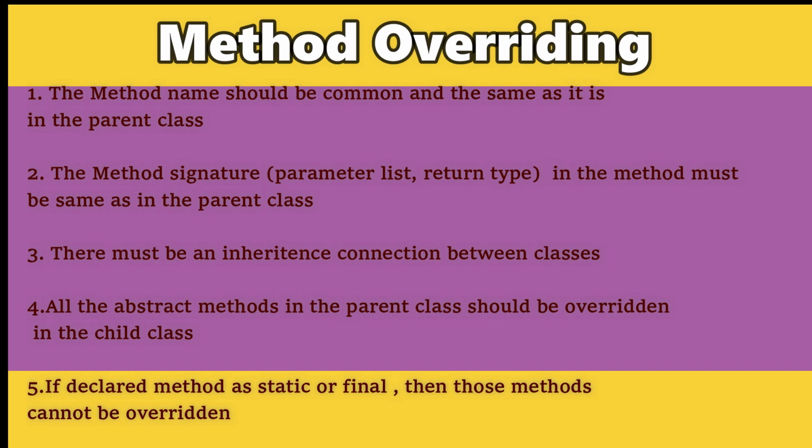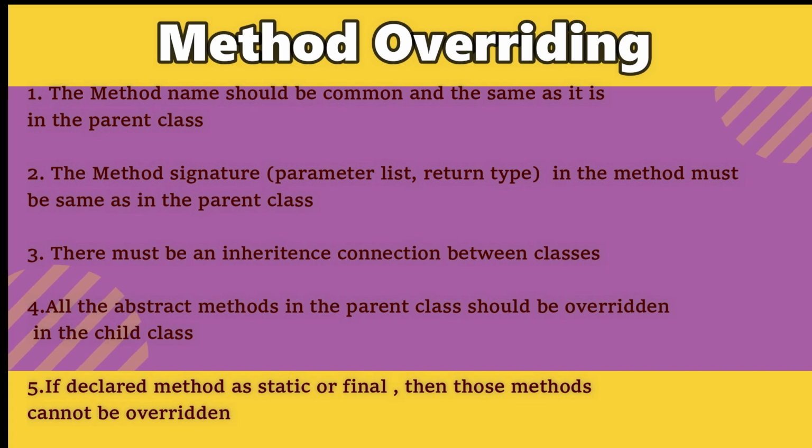Okay, so we discussed 5 thumb rules. Thumb rule 1, the method name should be common and the same as whatever is declared in the parent class. Rule number 2, the method signature should be the same as in the parent class. Rule 3, there should be an inheritance connection between the parent and child class.